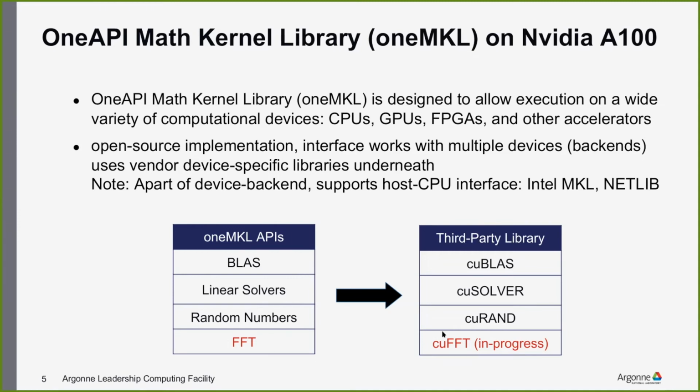I should note that the FFTs are in progress, which should be supported in due time. And as I was saying, SQL is not just a GPU programming model, it also supports hosts. So if you have written something in SQL using these APIs, it should also take advantage of the CPU-based libraries, which is Intel MKL, the traditional C-based, or the netlib.